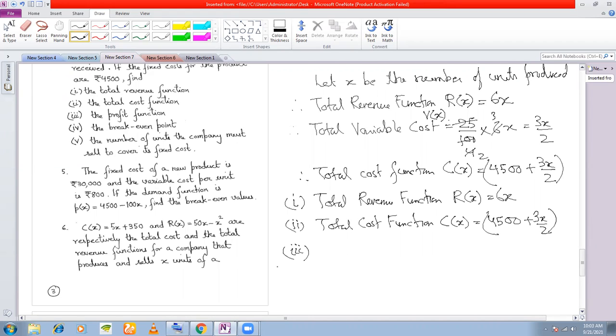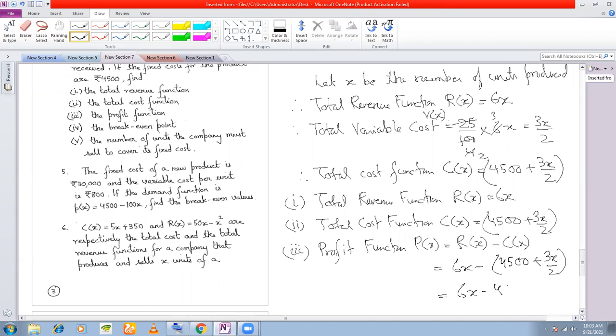Okay. Third question, the profit function. Very simple. Profit function P(X) is revenue minus cost. Total revenue is 6X, minus 4,500 plus 3X by 2.